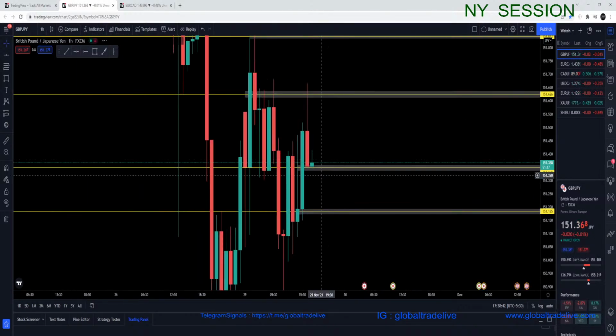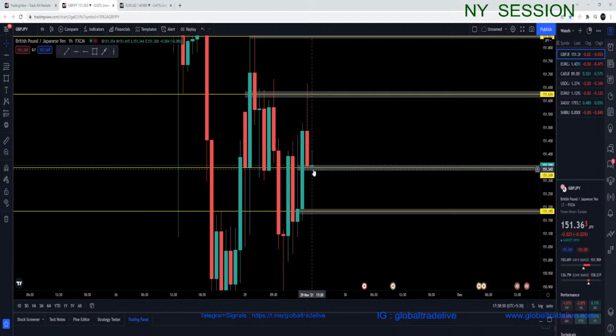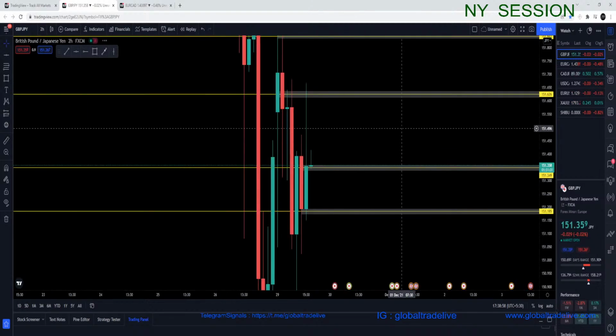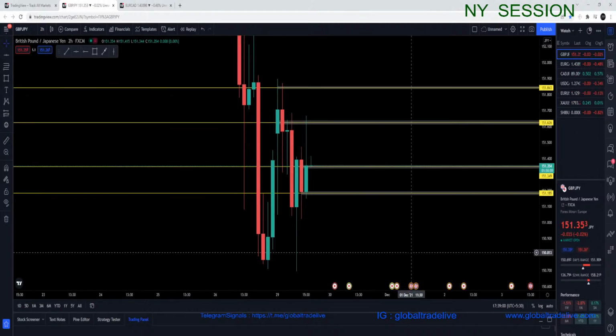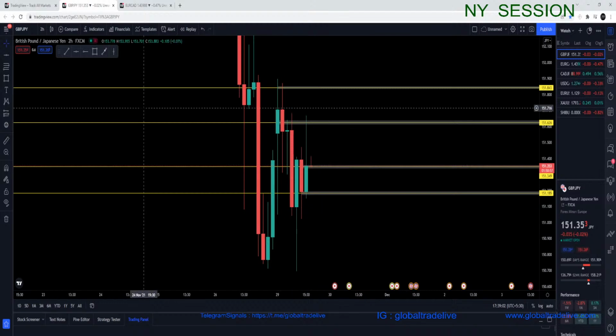Confused in GBP. So this is 1 hour. Previous 1 hour candle closed with no wick. That means there's 50-50 chance that it will go down or not. And this candle over here is, so let's see, 2 hour. 2 hour is just consolidating.